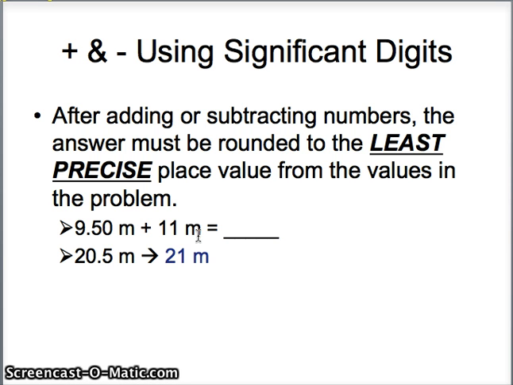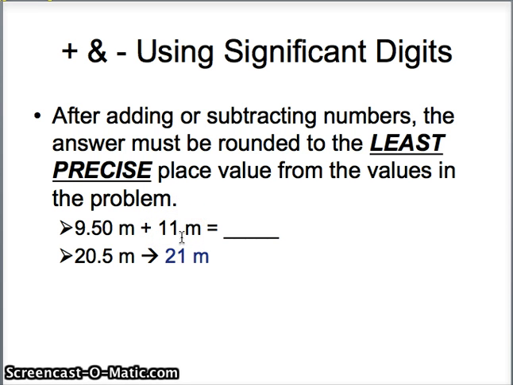So you need to look at, again, the big bold thing here, least precise place value. Between 9.50 and 11, precision is the number of digits that's carried out as far as you can to the right. 9.50 is precise to the hundredths place, and the 11 is only precise to the ones place.